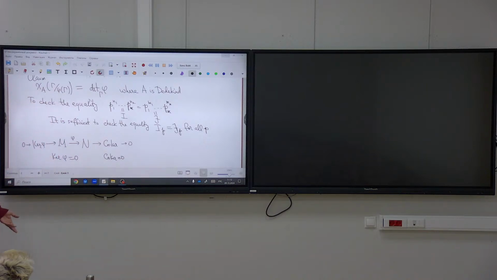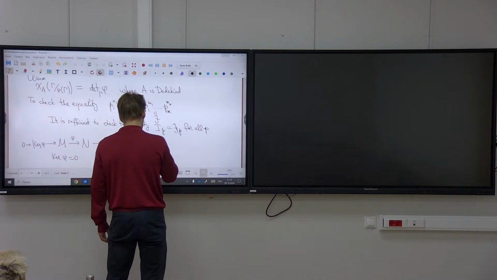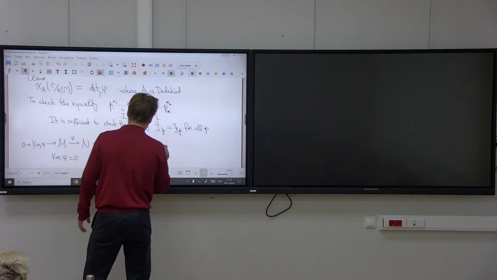And for a module M, we check it is equal to 0.